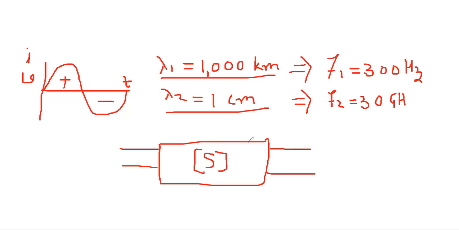Why do we require this? So this is port number 1, the incident port, and this is port number 2, the output port: input port and output port. So whatever waveform is incident here, and how much is reflected from this port.